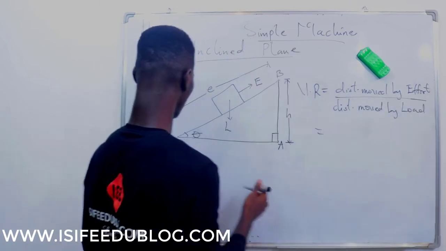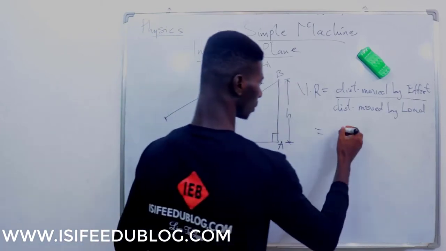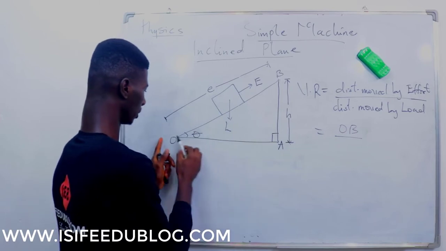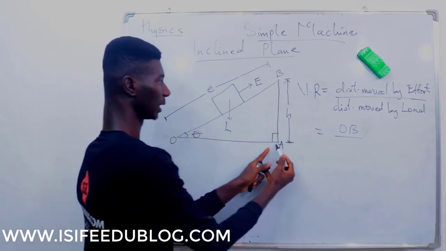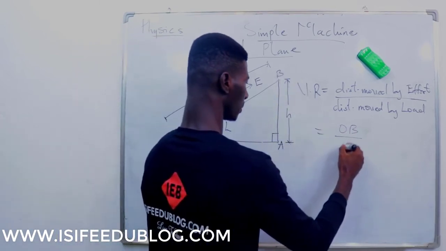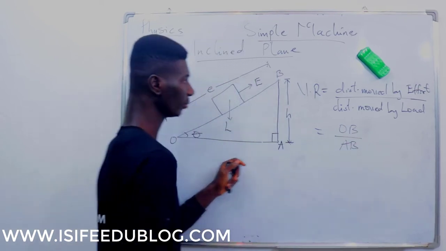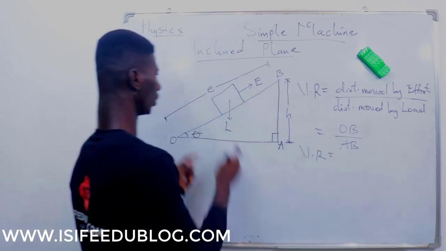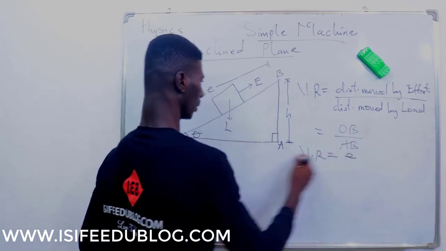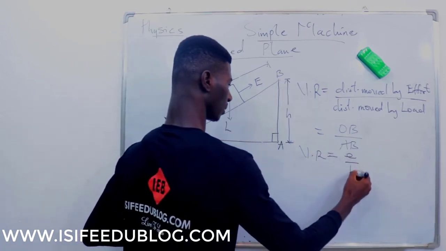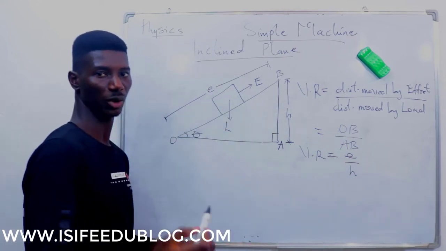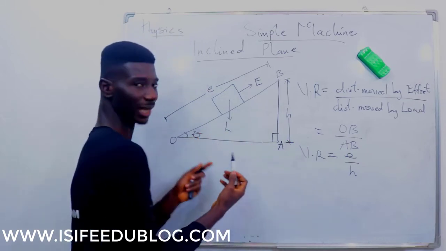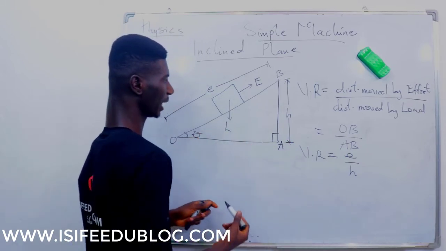Now, the distance moved by the effort from O to B, so we can call it OB, divided by the distance moved by load, which is this particular height covered from here to here, which is AB. So we have V, OB is E, while AB is H.